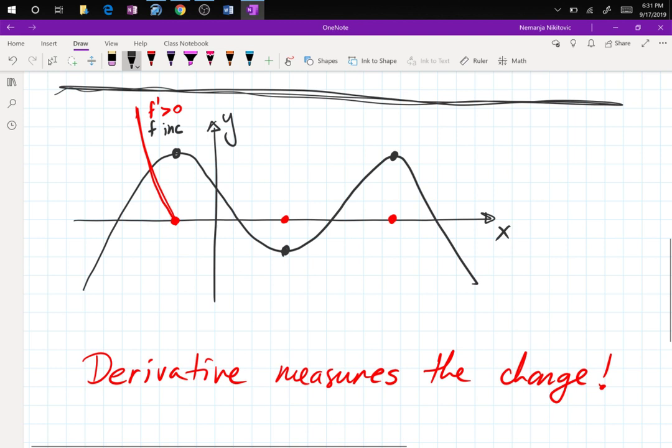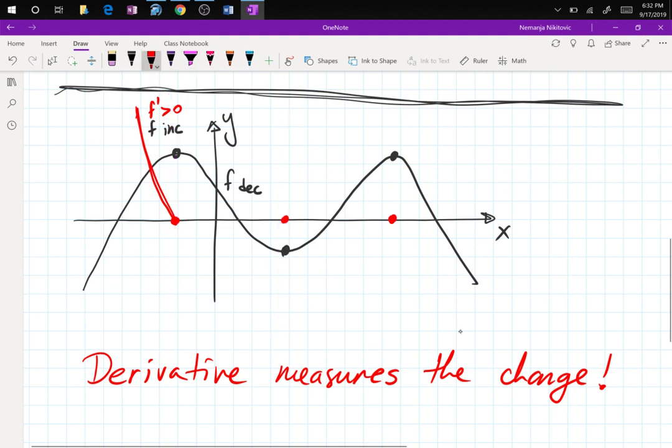Over here, your f is decreasing. Well, if f is decreasing between these two values, then I don't know if I'm going to say it's common sense or not, but we know that the derivative is going to be negative.